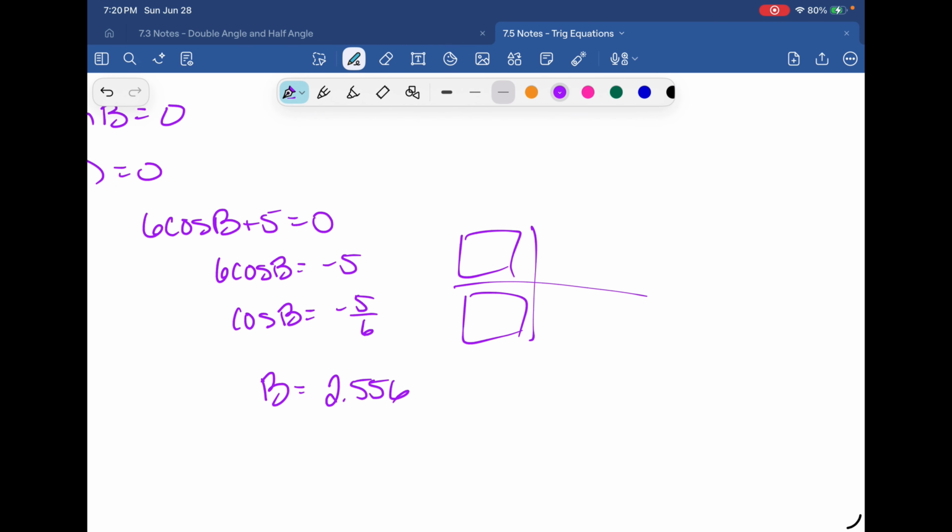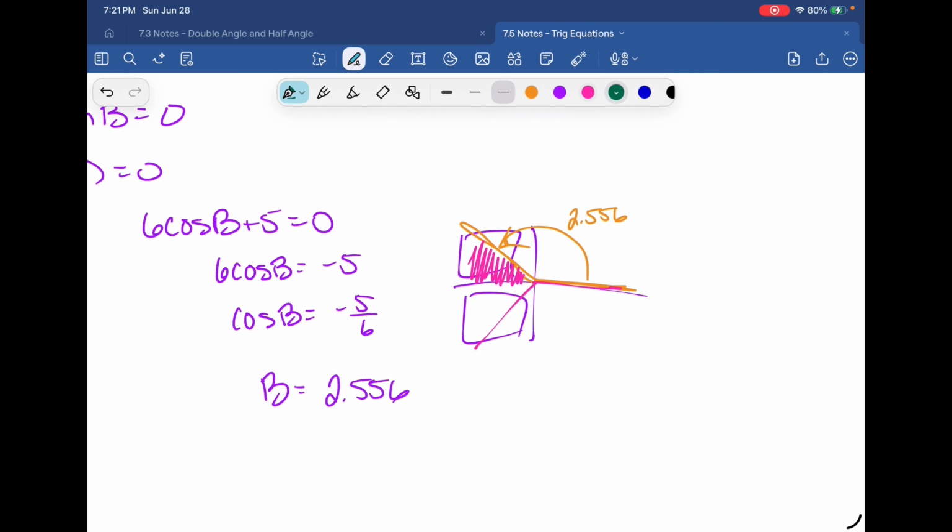Okay, so issue here is that gives me this angle. It does not give me this one. Okay, so we need to find a reference angle here.